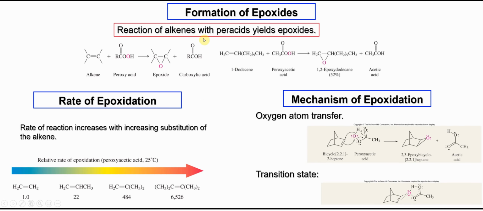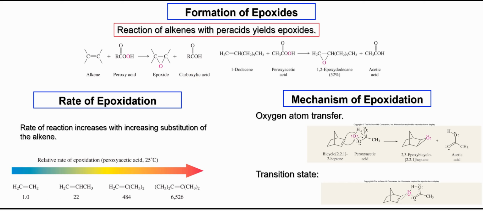How is this epoxide going to be formed? What's the mechanism? Again, we are going to learn something called a 3-membered ring formation. This reaction, you can make it this way. Your alkene reacts with your peroxy acid to produce an epoxide and another carboxylic acid.